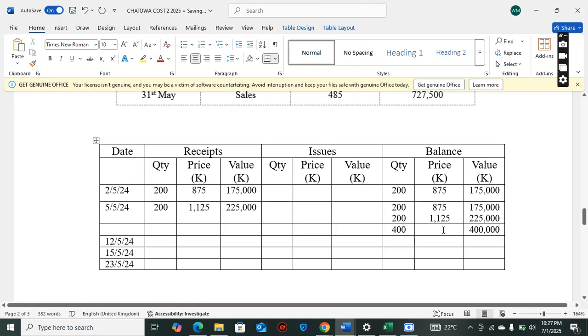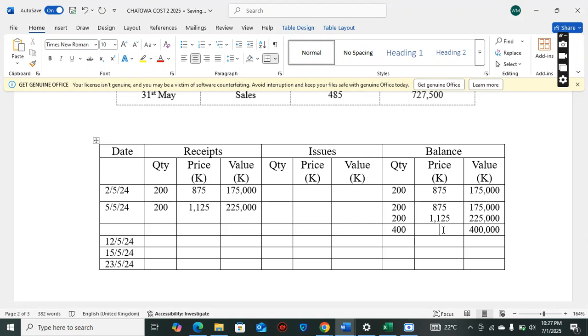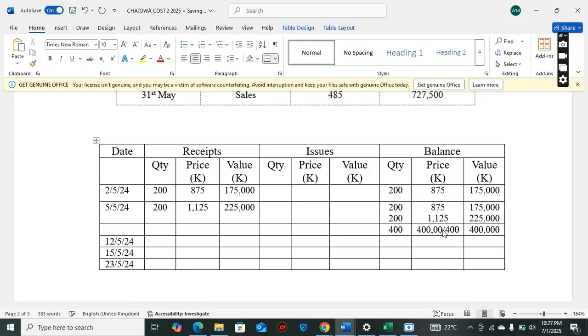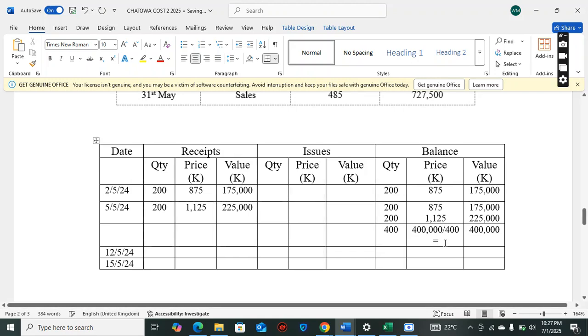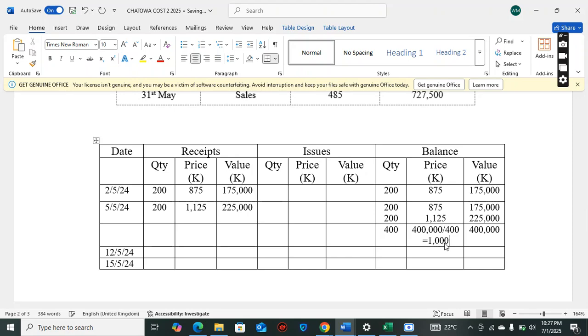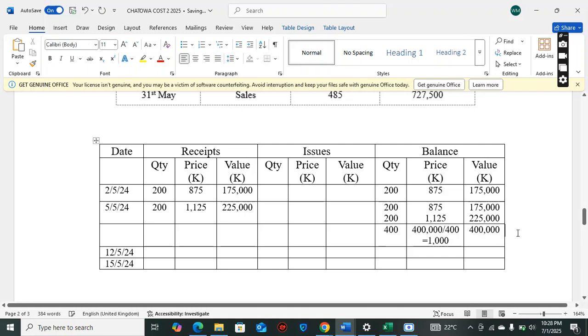So to get the average cost, we just do 400,000 divided by 400, and then we get 1,000 as the average cost of the solar panels.